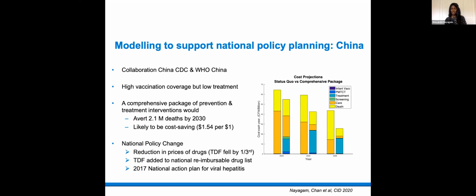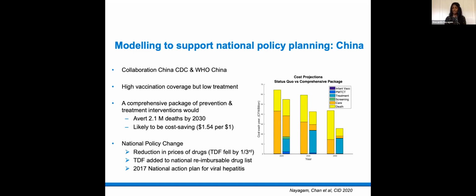As you know, China has high coverage of vaccination, but at the time of this investment case originally, treatment coverage for those chronically infected was low. What they wanted to know was, is it worth the impact and the cost to scale up treatment and do a comprehensive package of prevention and treatment interventions? And what we found was that this comprehensive package could avert more than 2 million deaths by 2030, and it's likely to be cost saving.